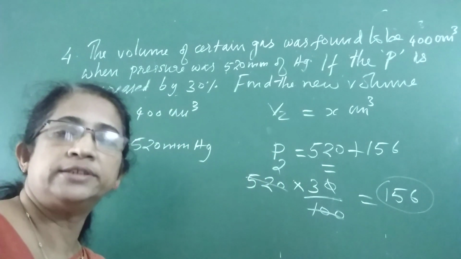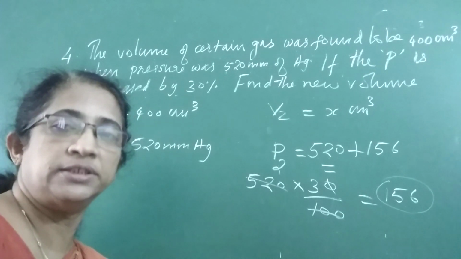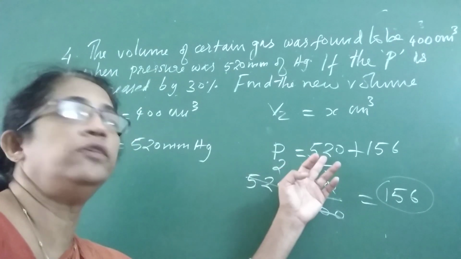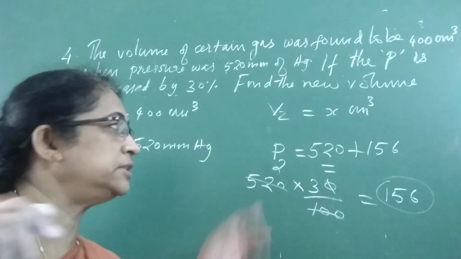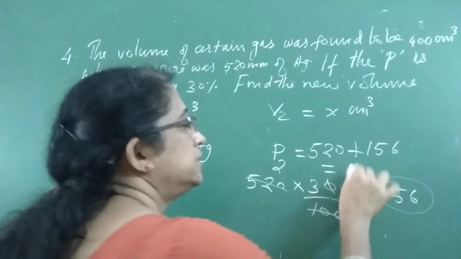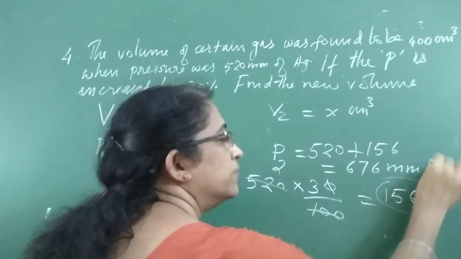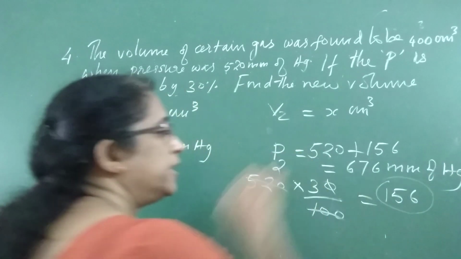Increased by 30% means calculate 30% of the initial pressure and add the value to the initial pressure, which gives the final pressure. The answer is 676 mm of mercury, the final pressure.